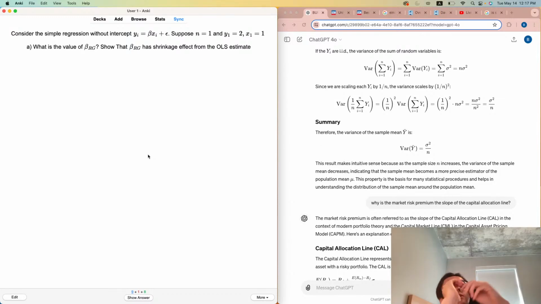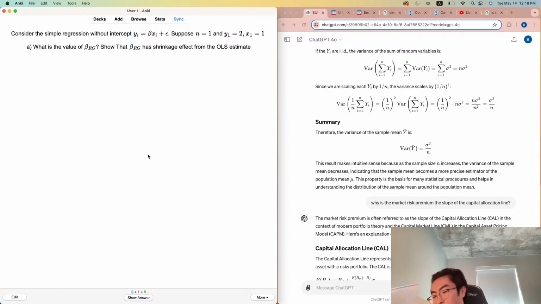So we also square that too. And then we can subtract 4, so that becomes minus 4 on one side, and we're just left with minus 2 beta ridge times beta.